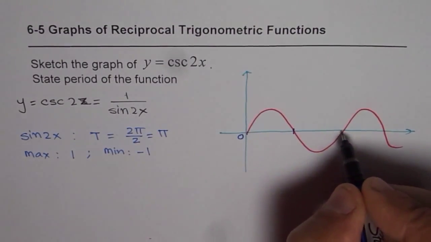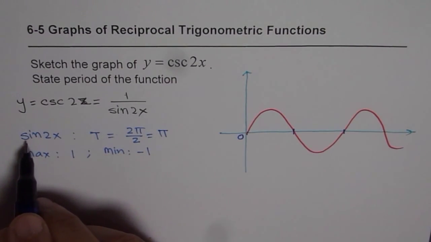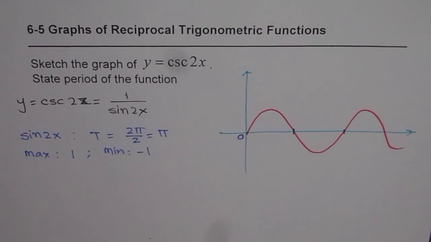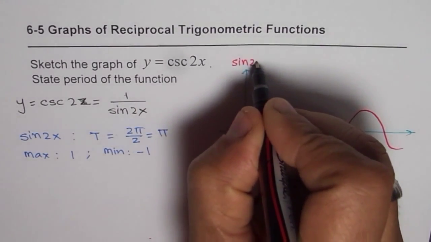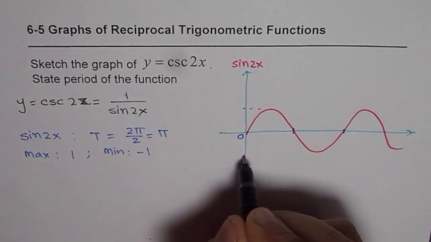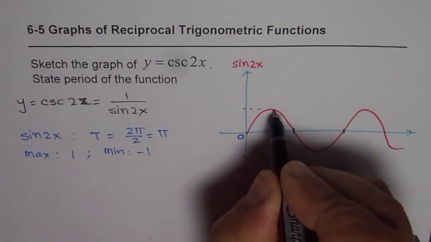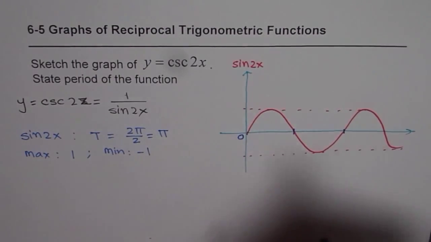Now the sine function has a time period of 2 pi, but we are now looking into sine 2x. So what I've sketched here is sine 2x. The maximum value and the minimum value of sine 2x are plus and minus 1.